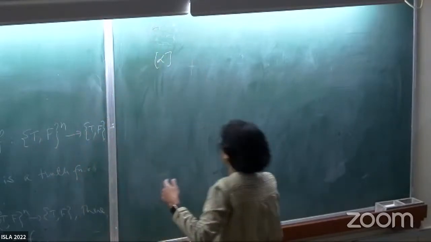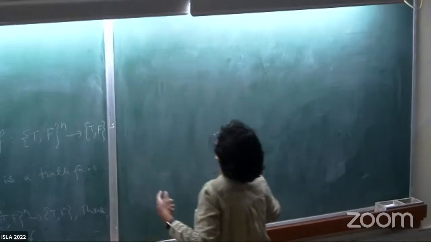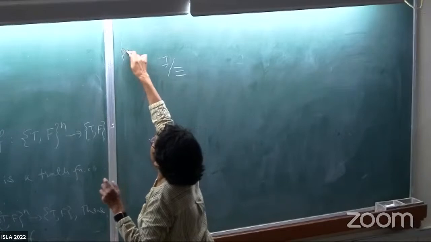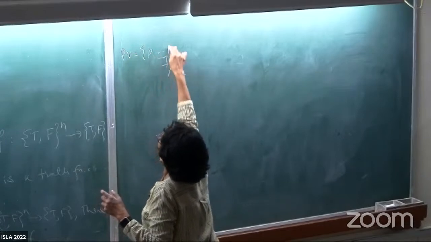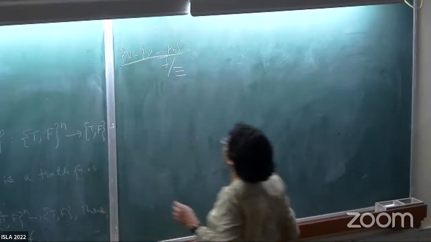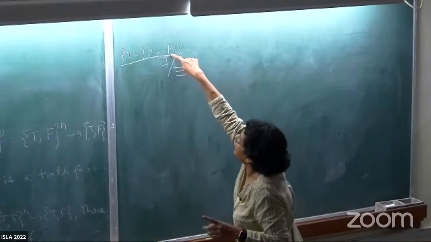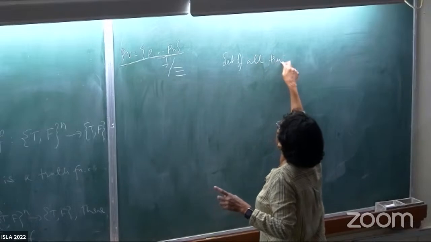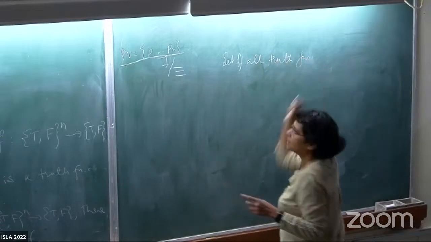So this one where there are n variables, I'm assuming, all right? And here, given that n, you have the set of all truth functions. Fine.